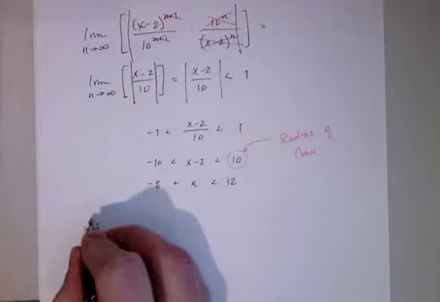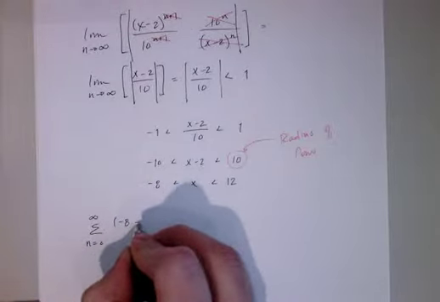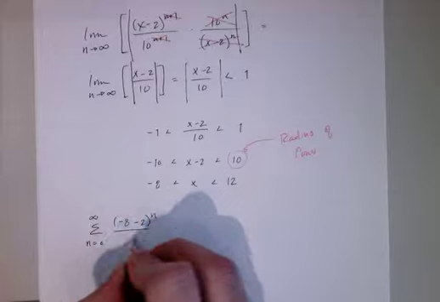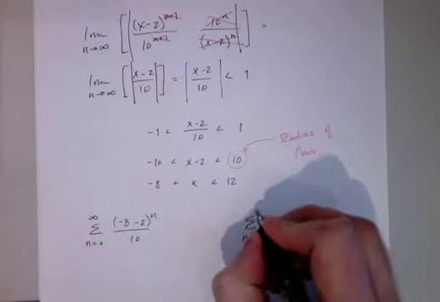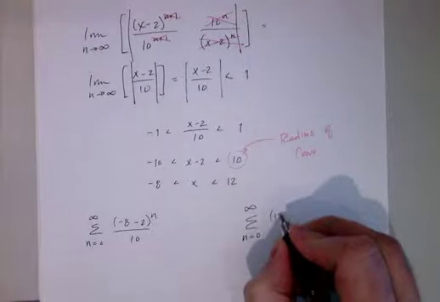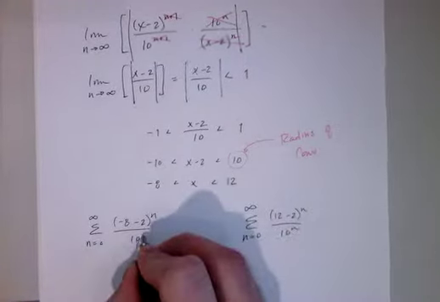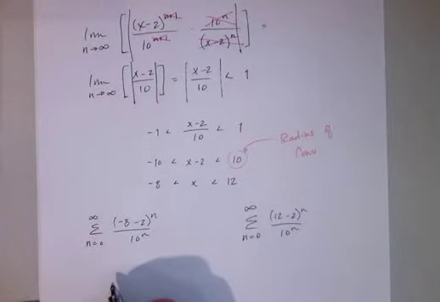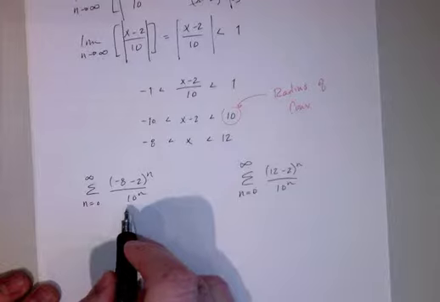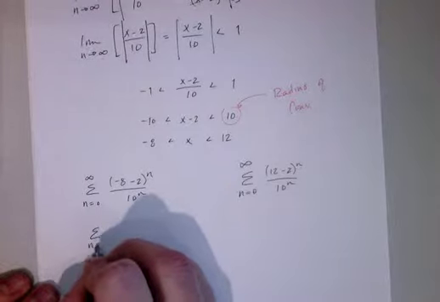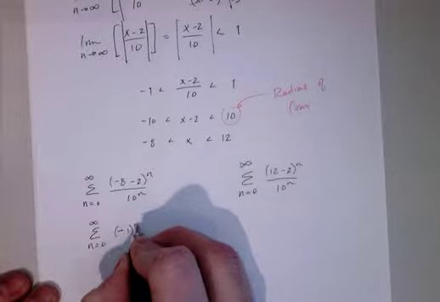So let's plug in -8. I get (-8 minus 2) to the n over 10 to the n, and I'm going to get (12 minus 2) to the n over 10 to the n. Well, this just winds up being -10 to the n over 10 to the n, or the sum from n equals 0 to infinity of (-1) to the n.